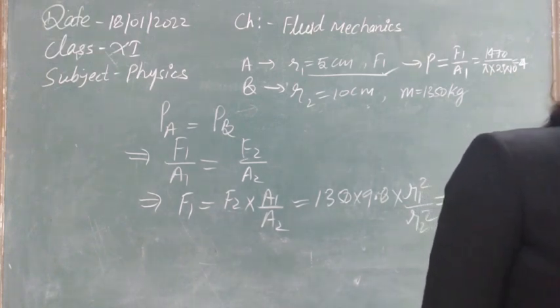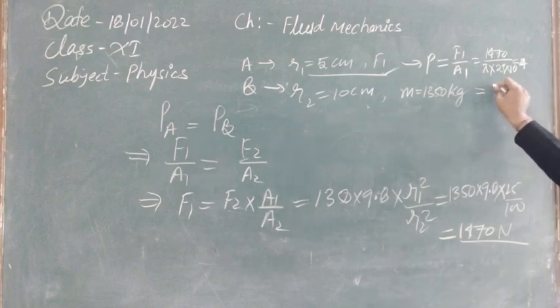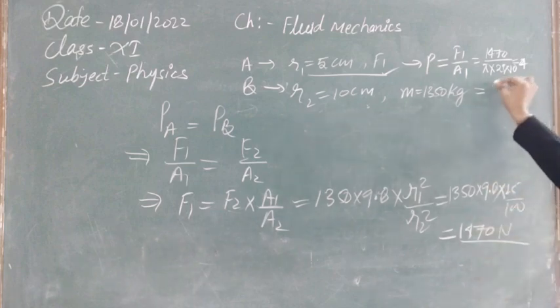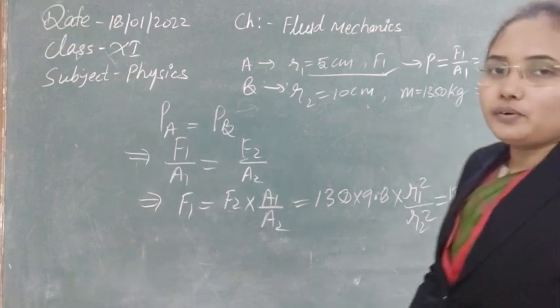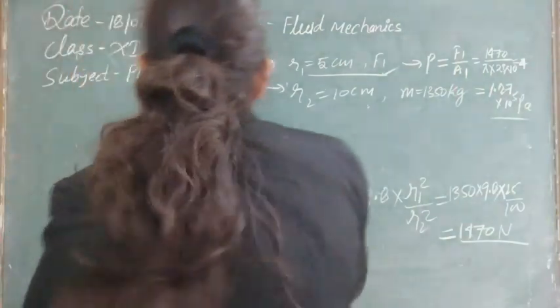Now if you solve this whole equation, then you can find out the pressure that is needed to accomplish this task, and this is obtained as 1.87 into 10 to the power 5 Pascal. So this is the answer for this particular question. Now let's see the next question.